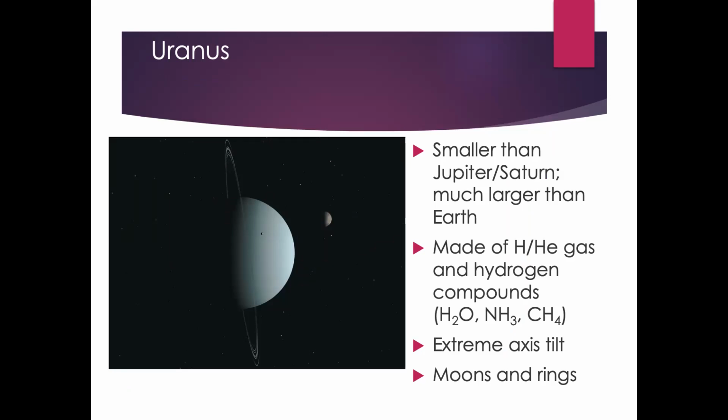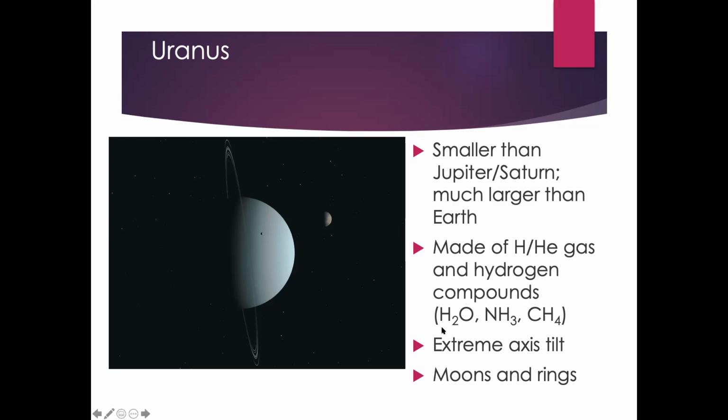So what makes Uranus different is that it also has a lot of hydrogen compounds. A compound is a molecule that is a combination of elements. So a hydrogen compound is specifically hydrogen mixed with other things.